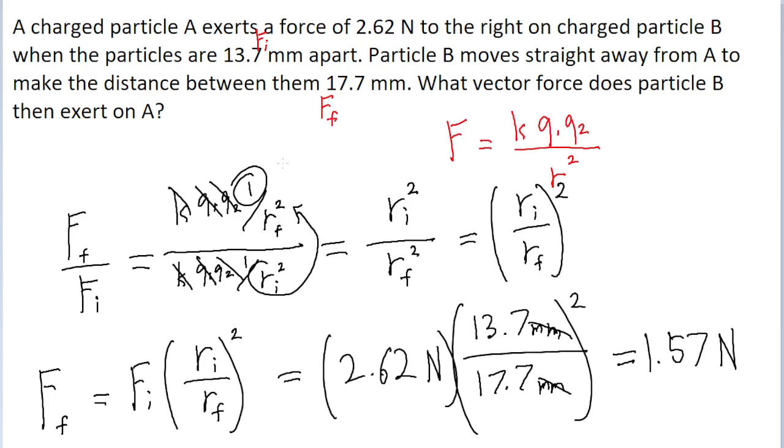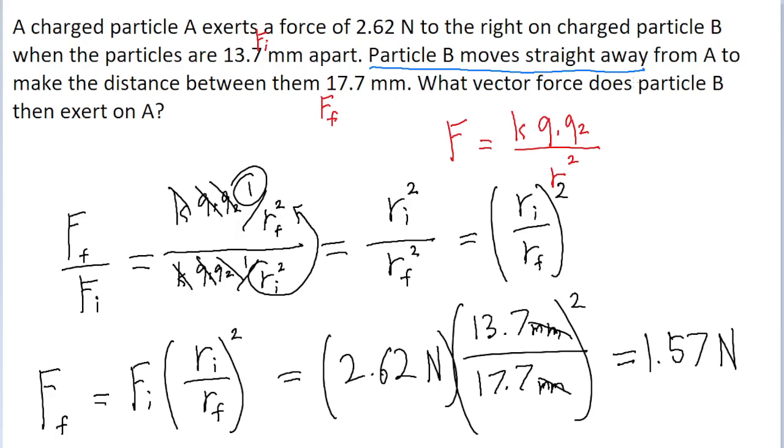Meaning we need to tell the problem which direction the final vector force is that B exerts on A. Now note from the background information given in the problem that the charged particle A exerts a force to the right on the charged particle B, which causes the particles to move farther apart. This means that we have a repulsive force. There is an electrically repulsive force between the two charged particles.